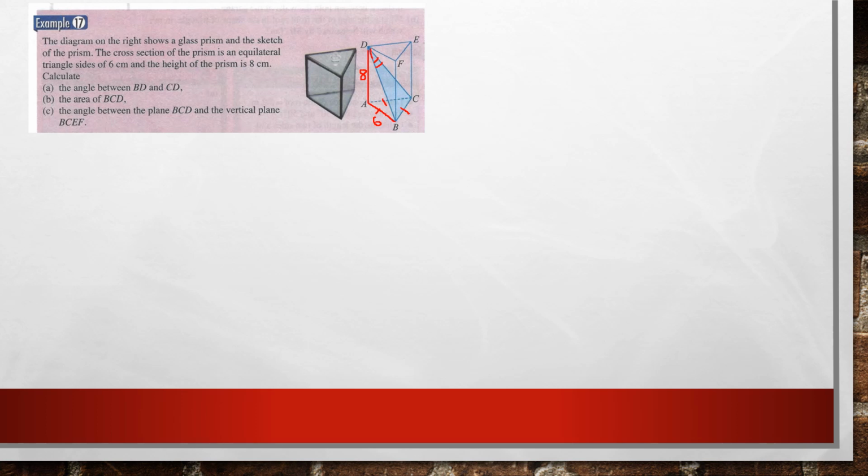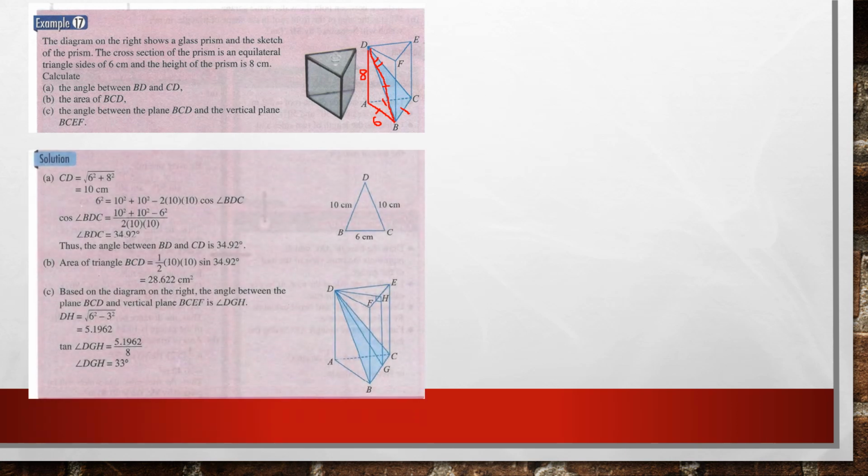We want to calculate what BD is, so we can use Pythagoras theorem. You get 6 square plus 8 square, so CD equals 10. BD or CD, both are the same. This is an isosceles triangle, so both are 10 centimeters.